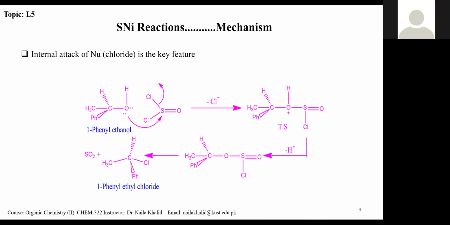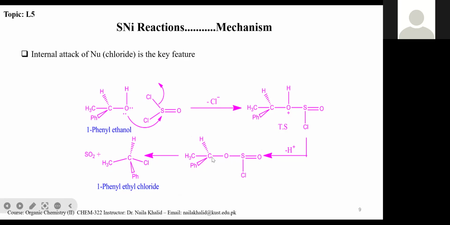So here is the mechanism of that 1-phenyl ethanol. This is 1-phenyl ethanol. How this electron attacks on this sulfur, chloride is removed, and you will get this type of intermediate transition state like this. Actually chloride is removed, and that chloride will abstract this proton, electron density comes here. So this is chlorosulfide intermediate, and it is the rate determining step, that chlorosulfide formation.